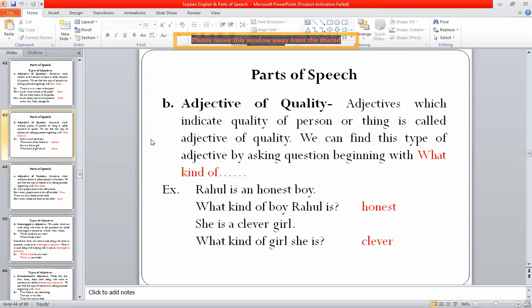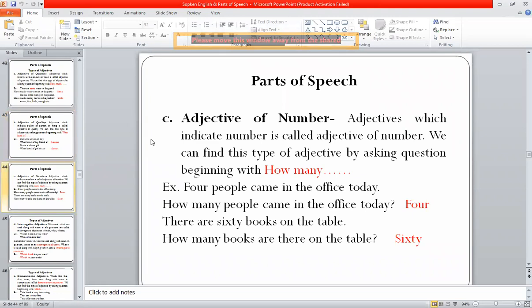Then see the third type. The third type of adjective is adjective of number. Let's see its definition.